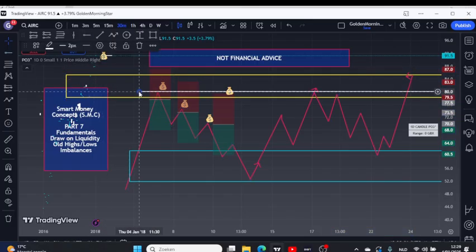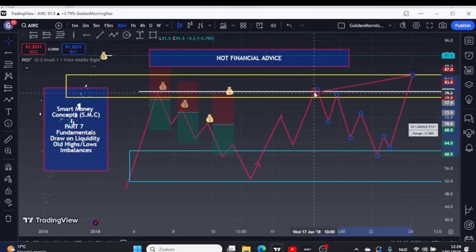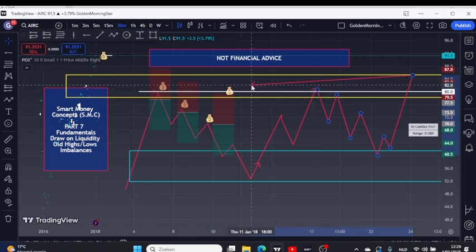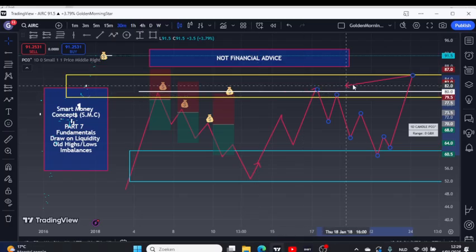Because these now are relative equal highs, and that works as a magnet on price. So price will go after this and that high, and because there are more positions now with stop losses above these highs, price is going to convert these orders.